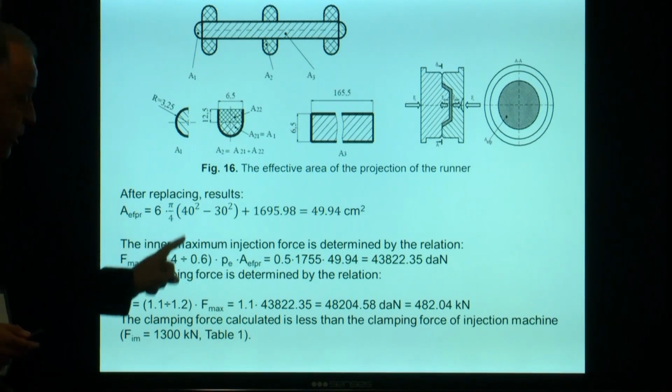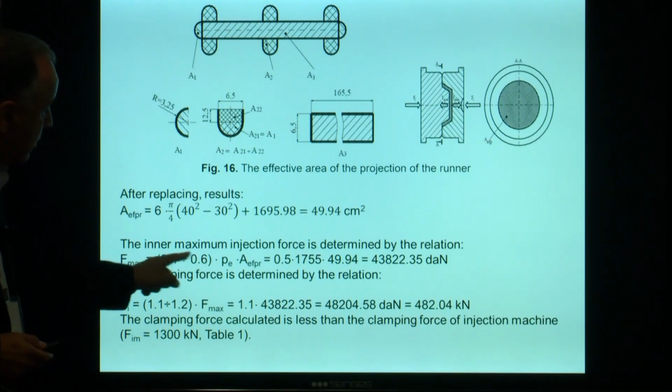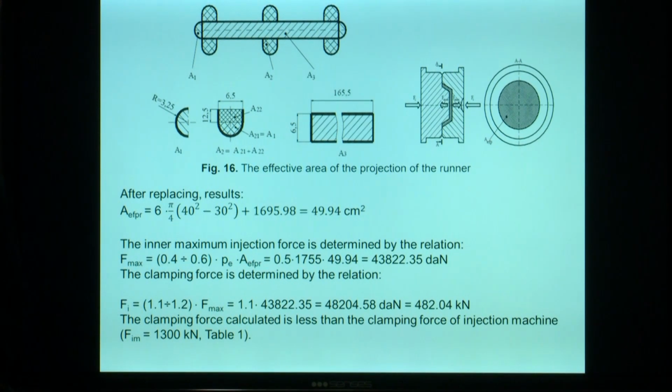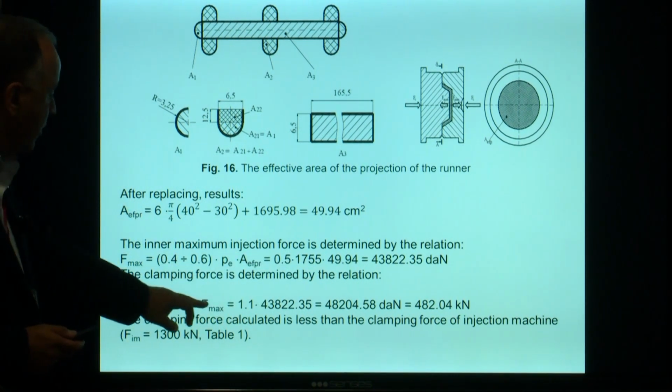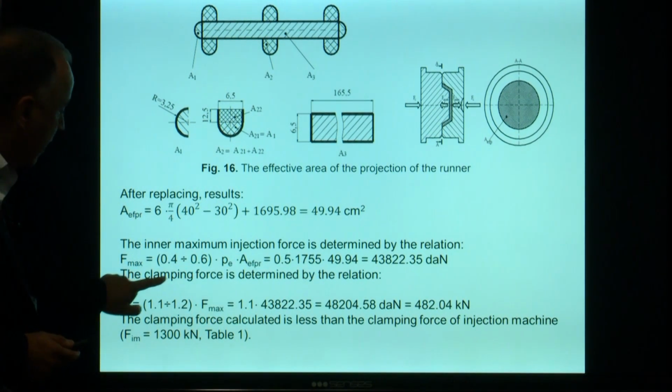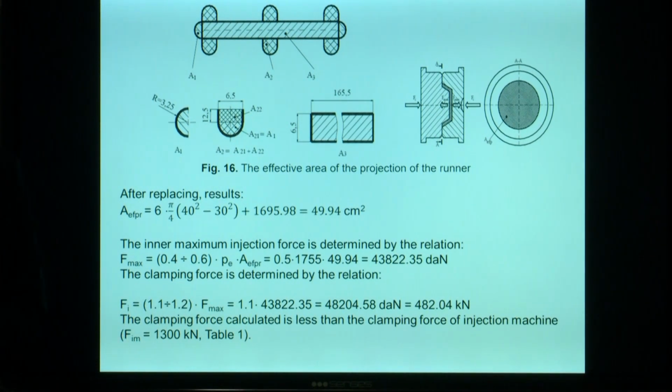Always when we have to choose a coefficient, we choose the middle. This is the best solution. So we'll choose here 0.5. The clamping force is determined by the relation afterwards, you can see: another coefficient multiplied by the maximum force that we already calculated.